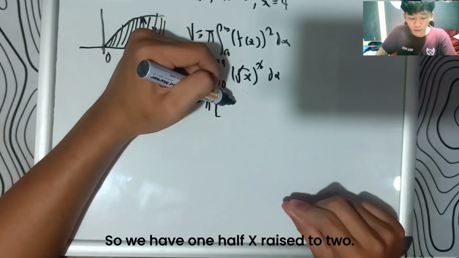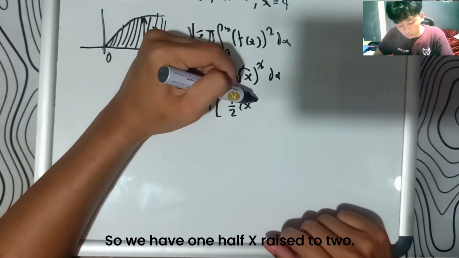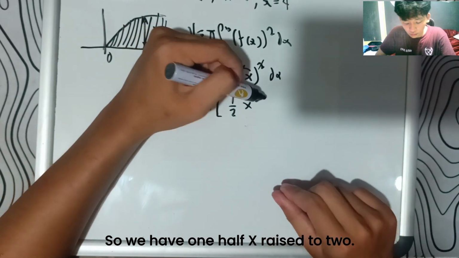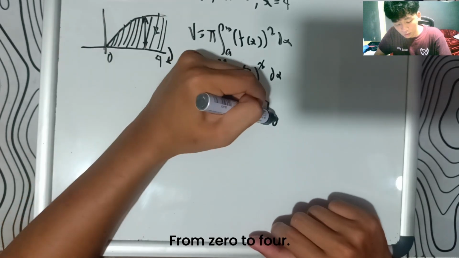So we have 1/2 x raised to 2, from 0 to 4.